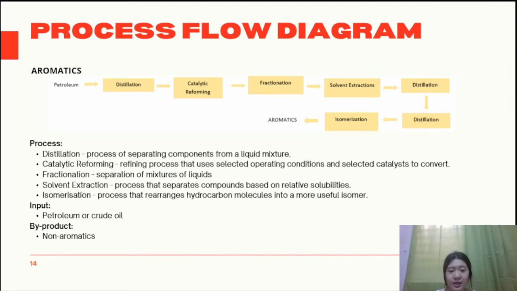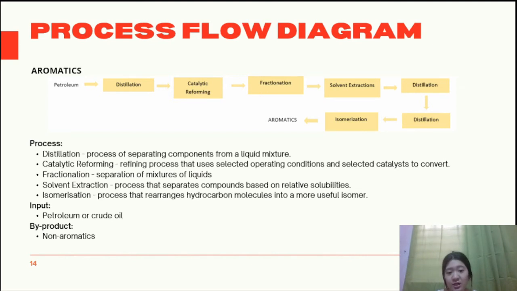Next is fractionation. It is a separation of mixtures of liquids, then solvent extraction, or the process that separates compounds based on relative solubilities. This is to eliminate non-aromatics from aromatics. Next is distillation to produce pure benzene and toluene.